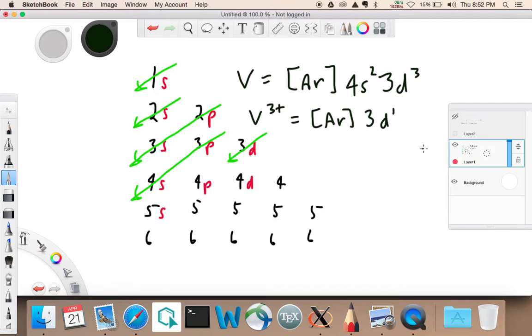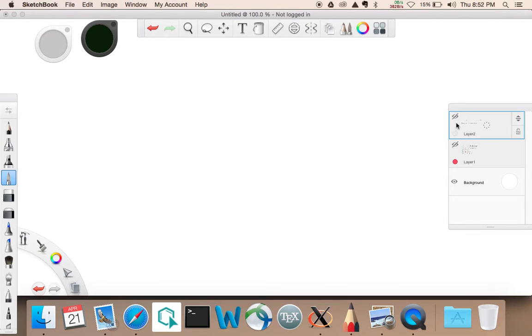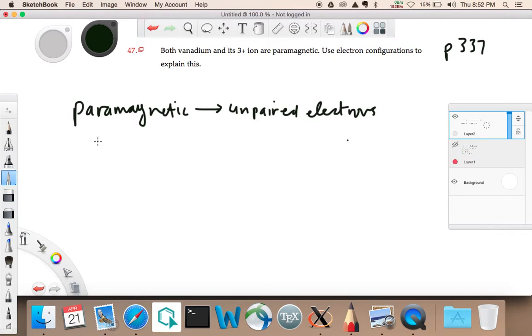Let's first go back to the question here. Okay, so the electronic configuration for vanadium is 4s2 3d3. First of all, the orbital diagram looks like this, right? 4s.